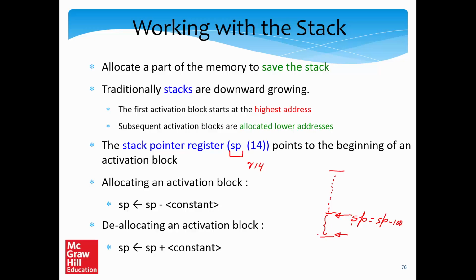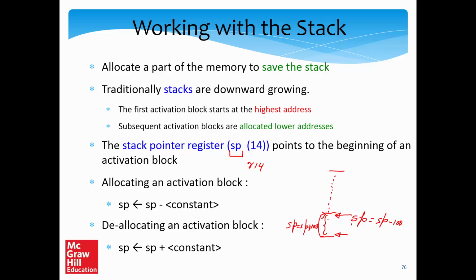Deallocating also requires a single instruction, where we essentially do SP equals SP plus the size of the activation block. In this case, if it's 100, then we fold it back up again. So allocating and deallocating an activation block is very simple. To allocate an activation block, we subtract the size of the block from the stack pointer, which is a constant and should be known beforehand.